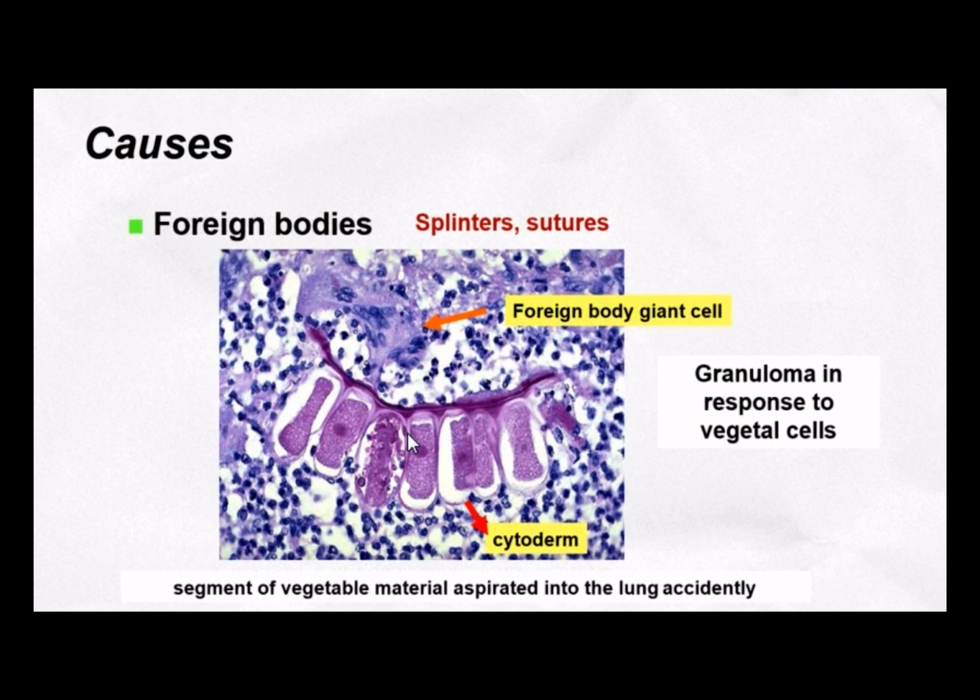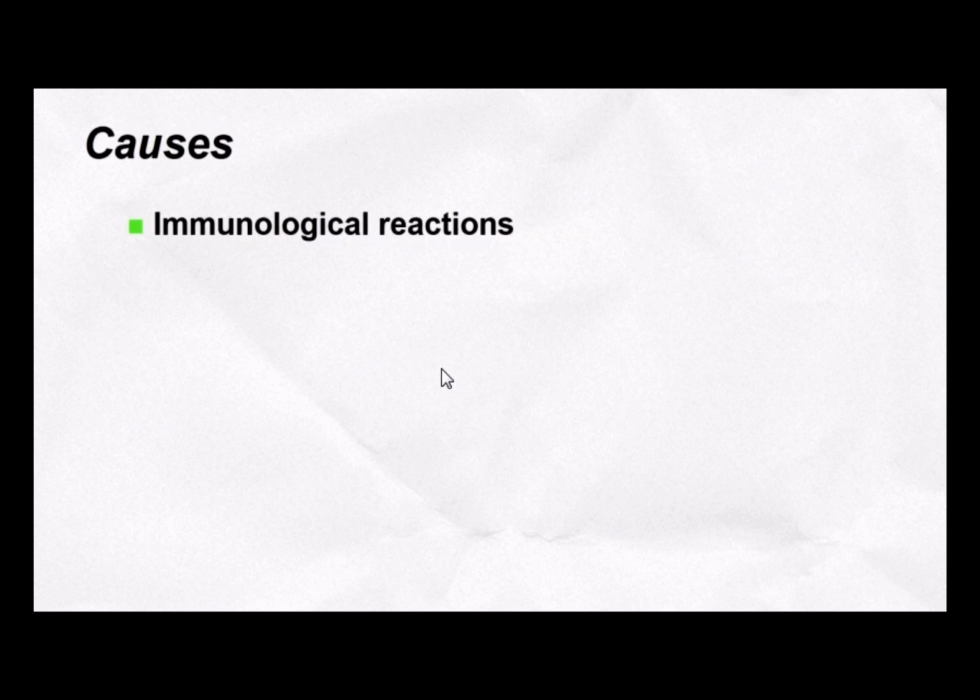Foreign bodies such as splinters, dirt, sutures may elicit inflammation by themselves or because they cause traumatic tissue injury or carry microbes. This picture shows a piece of plant accidentally inhaled into the lungs, causing granulomatous inflammation. This is a foreign body giant cell. It's huge and the nuclei are arranged in disorder.